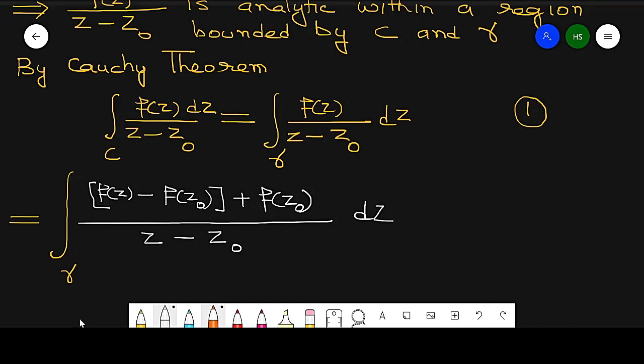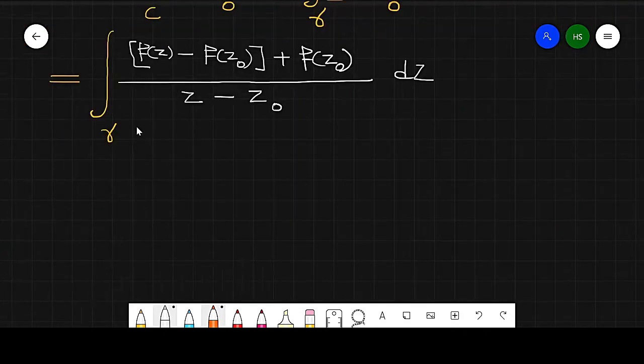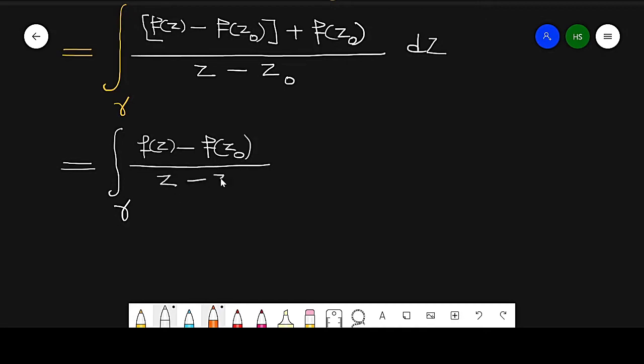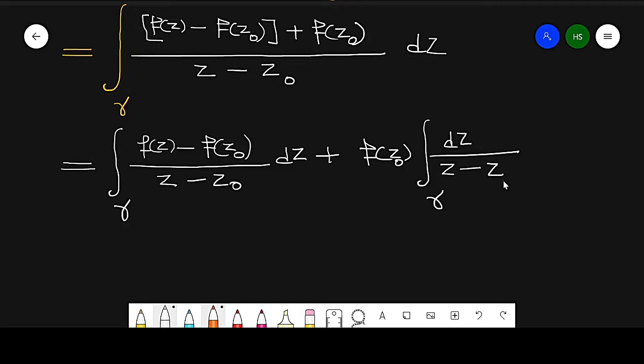Now if we separate this integration, we get the integration around gamma of (f(z) minus f(z0)) over (z minus z0) dz. In the next term, f(z0) is independent of z, so it can be taken out, giving the integration around gamma of dz over (z minus z0).